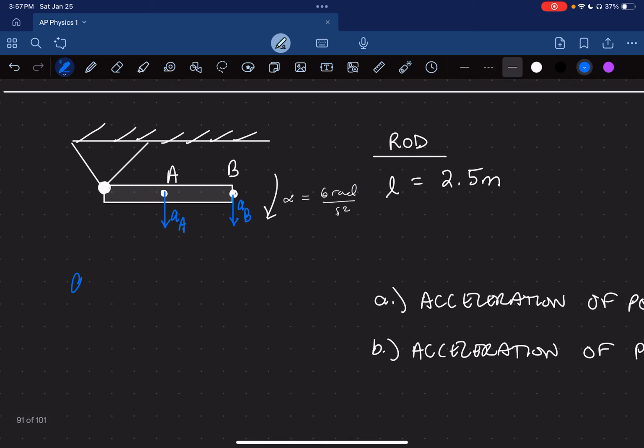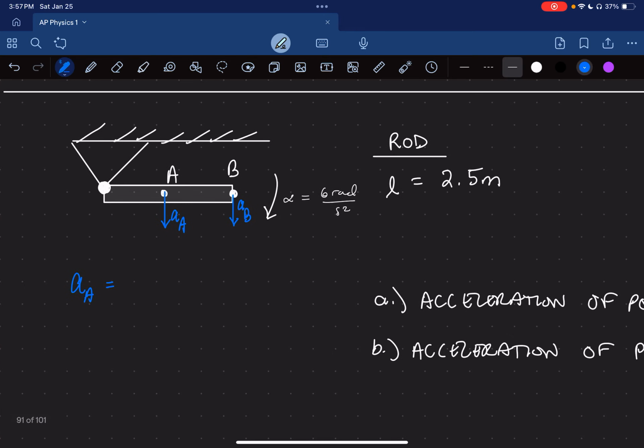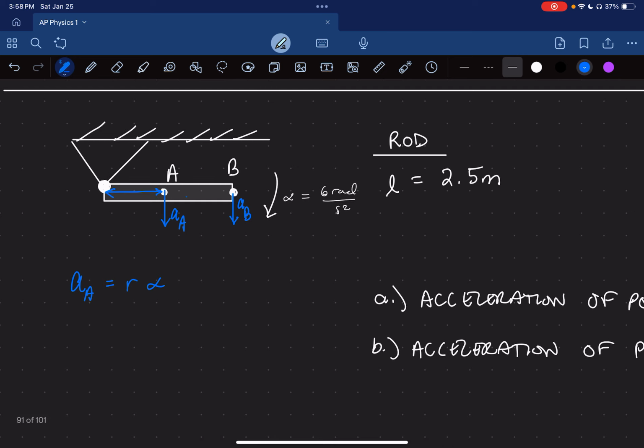And so the equation is, let's do A first. The tangential acceleration at point A is r alpha. But what is r? Since we're going to have two different distances here, let's call this RA times alpha.